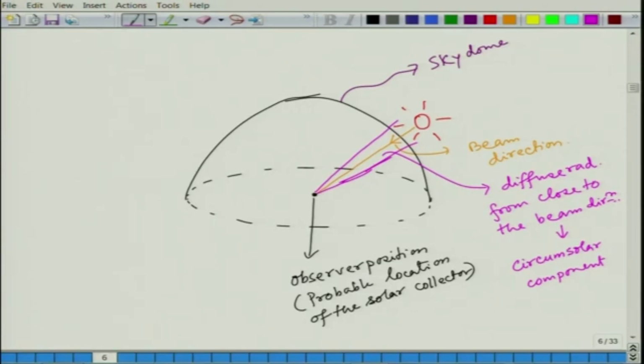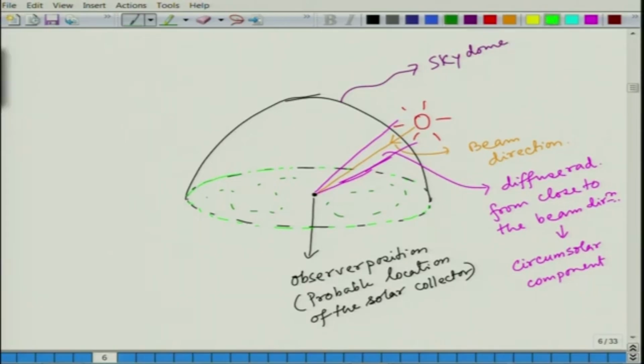And we have another part which is called horizon brightening. So, what is the horizon? The horizon is this particular line. Whatever different objects are on the ground, everything will reflect diffusely and brighten a portion near the horizon.